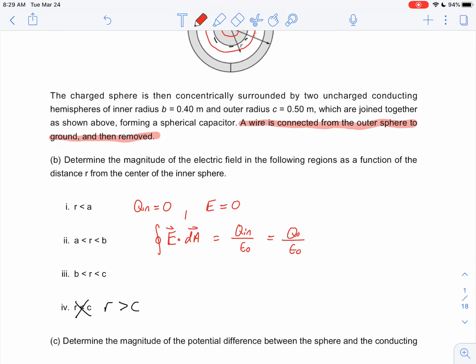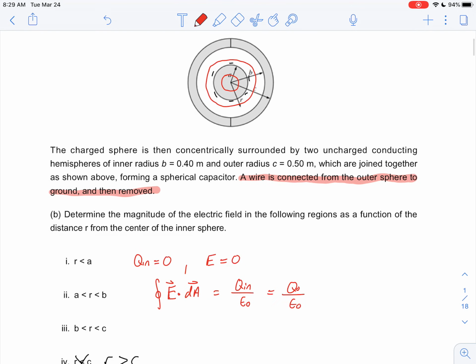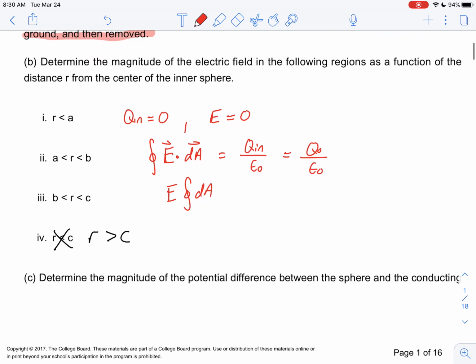On the left side, we have the closed integral of E dot dA. The electric field everywhere on that Gaussian surface is equal, so we can write this as E times the closed integral of dA. Take the electric field out of that integral, and the closed integral of dA is just the surface area of the sphere.